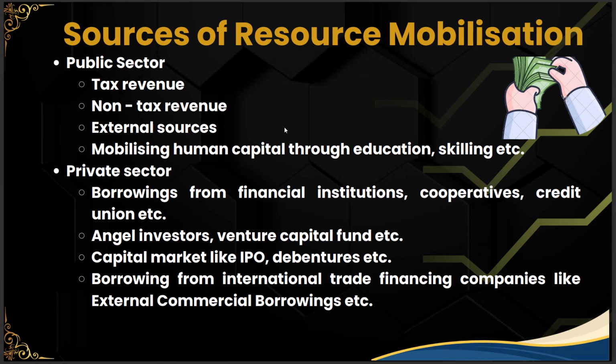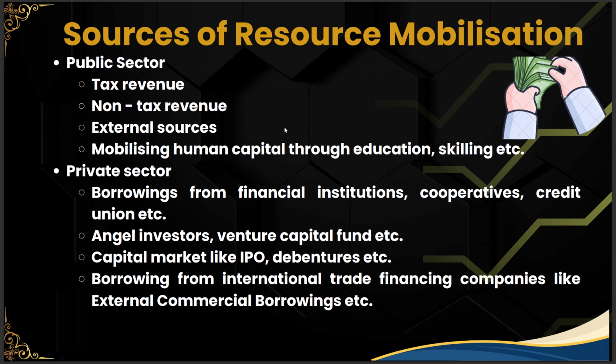Next is the sources of resource mobilization. There are different sectors, as we know, the public sector and the private sector. The public sector can source its resources from tax revenues, which include direct taxes like income tax, corporate tax, and indirect taxes like GST.